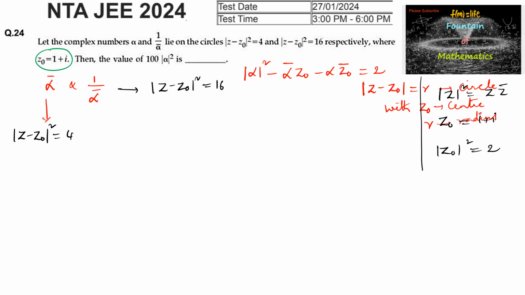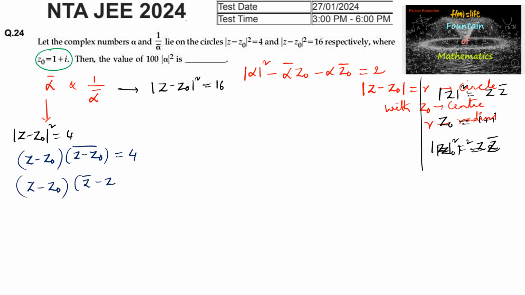So here also we know the concept, mod z square is equal to z into z bar. So we can write (z minus z naught) into (z minus z naught) bar is equal to 4, or we can write (z minus z naught) into (z bar minus z naught bar) is equal to 4.